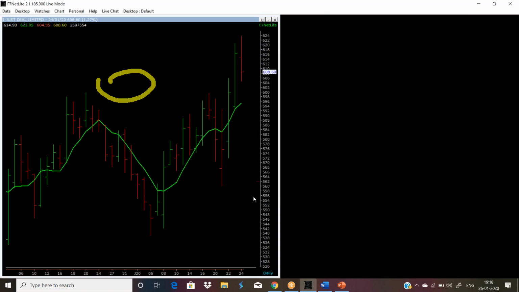So this average line will come. Now if you check, whatever line you get here is a short average, meaning this is the line of simple moving average of 6 close prices.